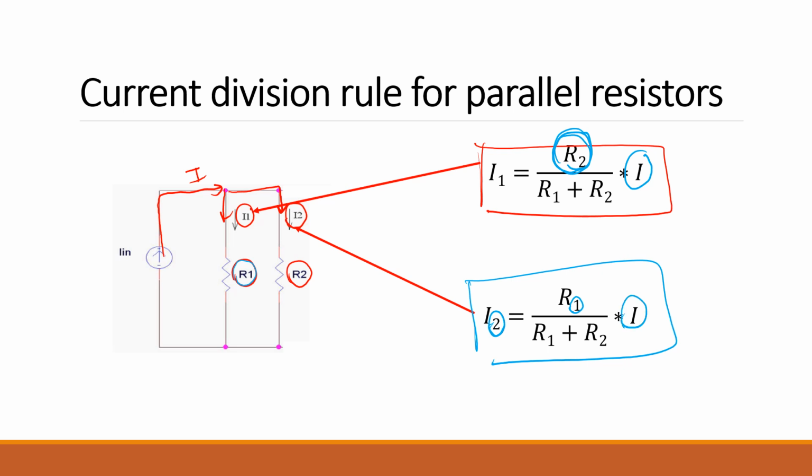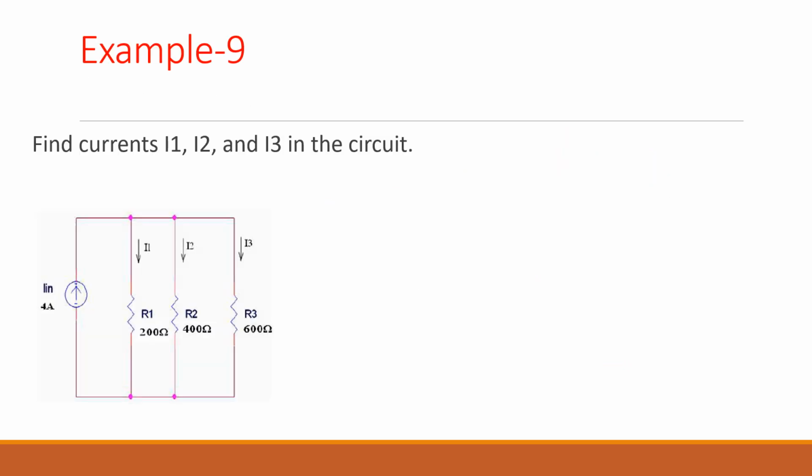We will apply this current division rule and solve some questions, then it will be easier for you to understand. In this example, we have three resistors in parallel. We are going to apply the current division rule and find I1, I2 and I3. To apply the current division rule, we should have two resistors in parallel. So we are going to combine two of them into a single resistor to start with.